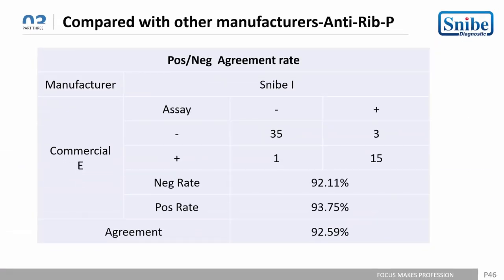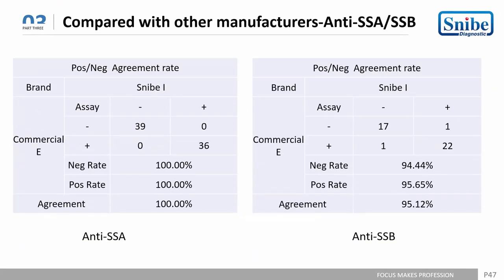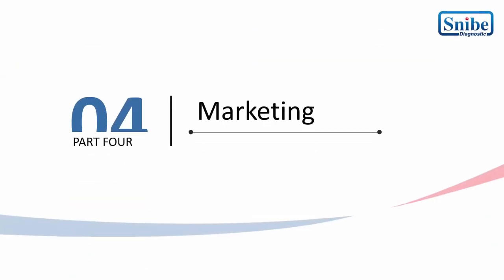And we have also a comparison with the commercially available anti-Ribosomal P. They have also anti-SSA, SSB comparison, positive and negative agreement with the other commercially available brand. In anti-SSA, we have 100% agreement. In anti-SSB, we have a 95.12% agreement.